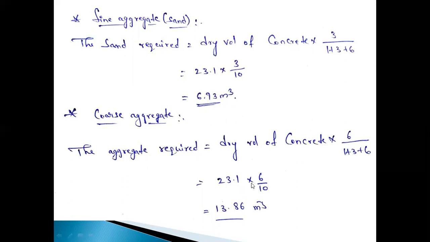So 23.1 into 6 divided by 10, and solving these values, we find the total aggregate required is 13.86 cubic meters.